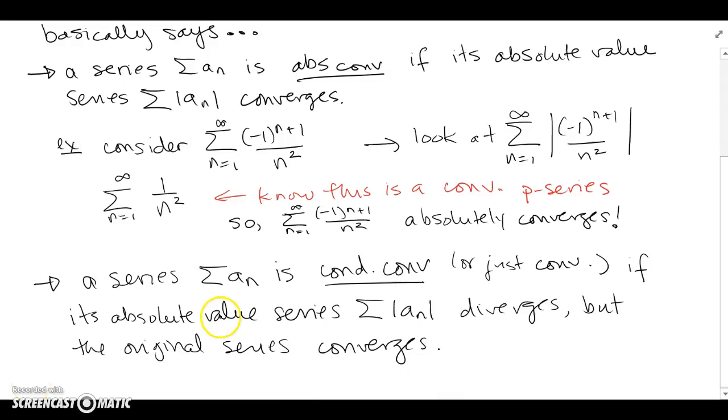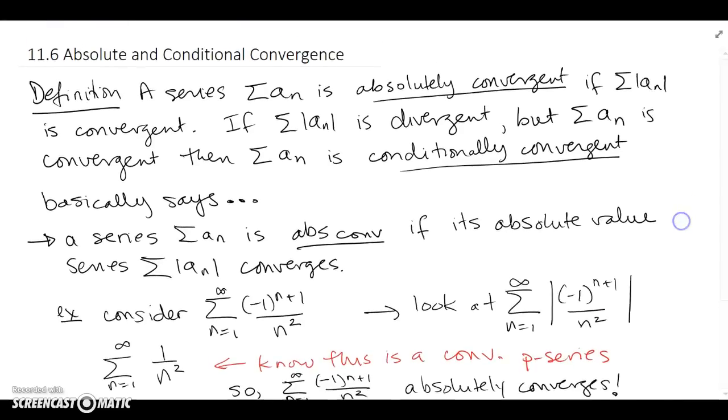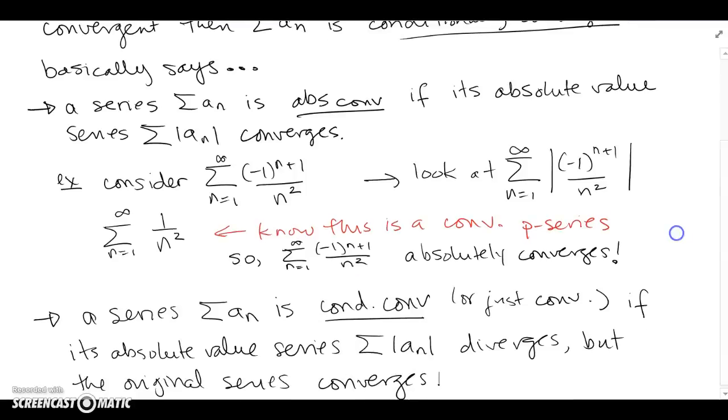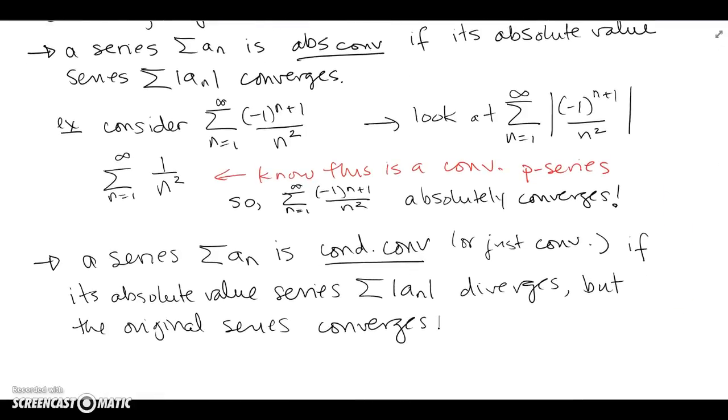Now let's look at the second thing that this definition included, the statement about conditionally convergent that confused some of you. Basically it says a series is conditionally convergent if its absolute value series, if I force all the terms to be positive, diverges, but the original one, the one that was untouched, converges.